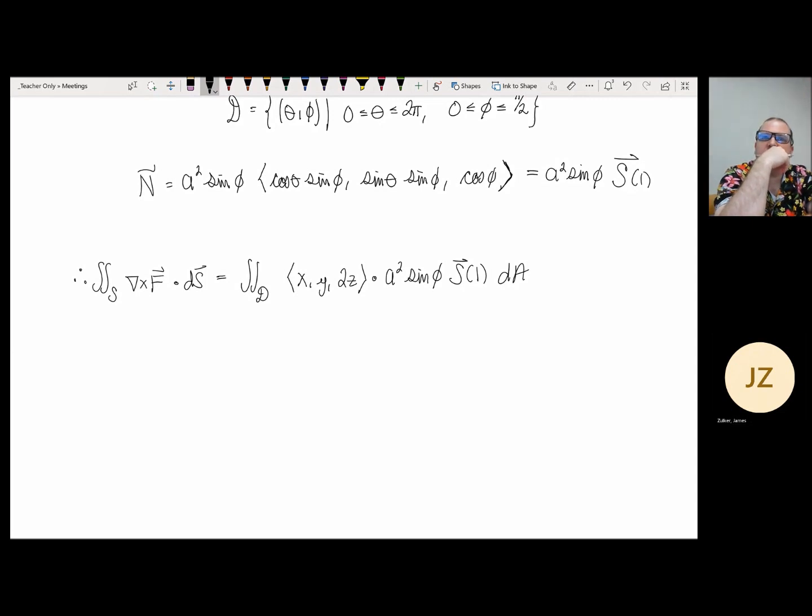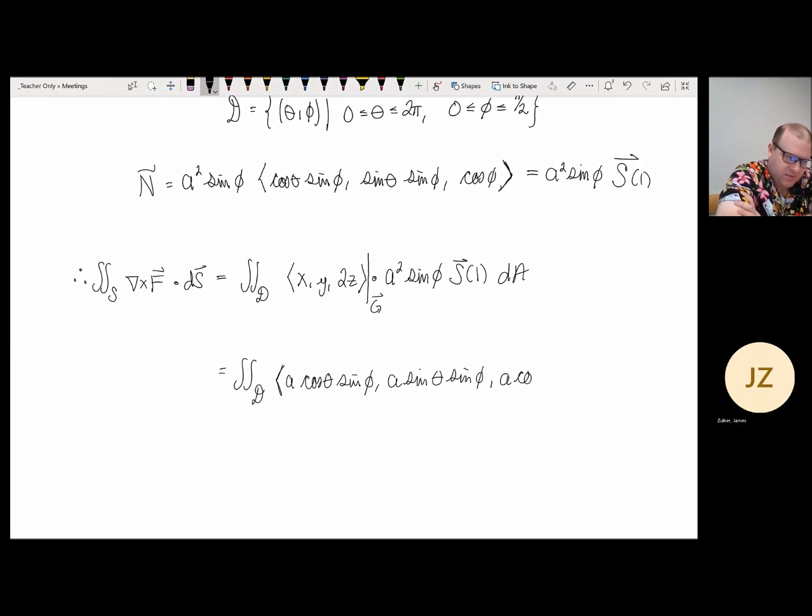That needs to be evaluated at G. I don't feel like erasing and redoing, so I'm going to do this. Evaluated over G. Curl field evaluated over G would just be that.